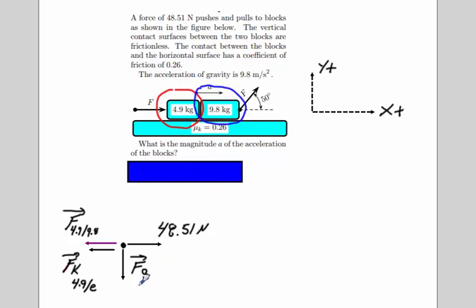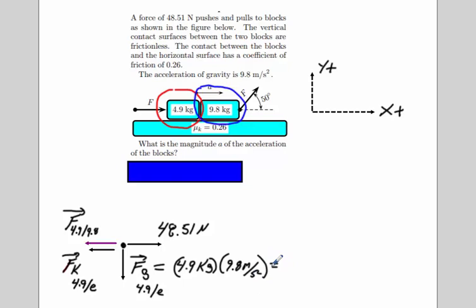Now, I'm also going to put the third law notation here. And that's going to equal, again, 4.9 kilograms times the acceleration of gravity at the surface of the Earth, which is approximately 9.8 meters per second squared.